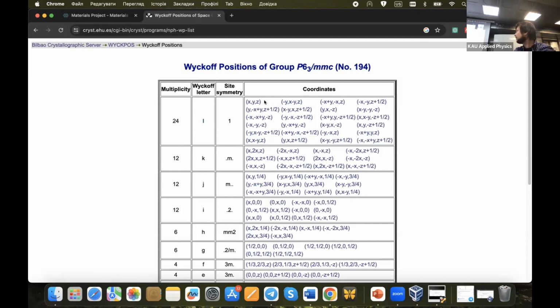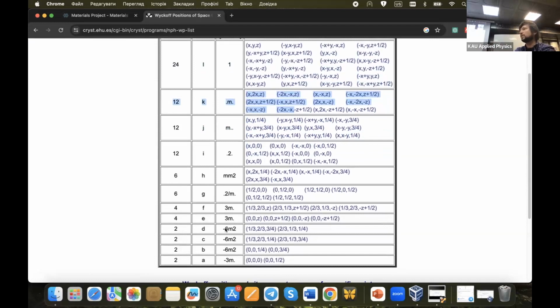So we have some other coordinates which will go to, okay, when we make a full rotation, we will get the same. So this means low symmetry. This is also rather low symmetry, but this is high symmetry because we have some symmetry operations, and we can make, for example, these 2 atoms into 1 atom.